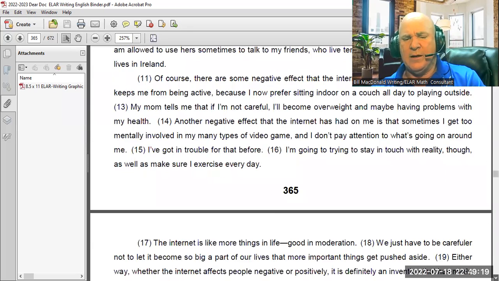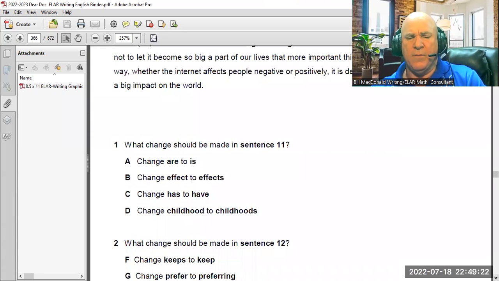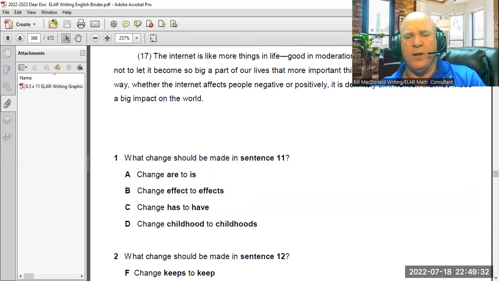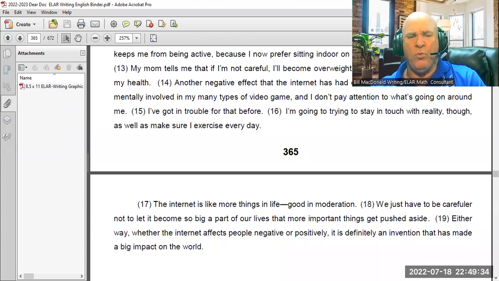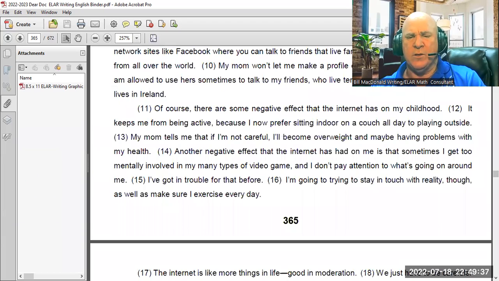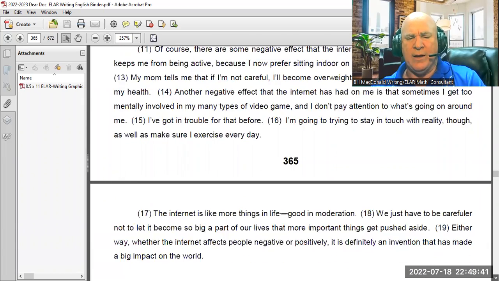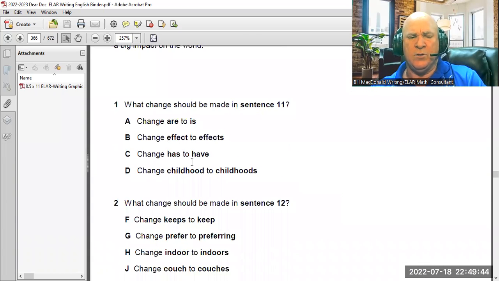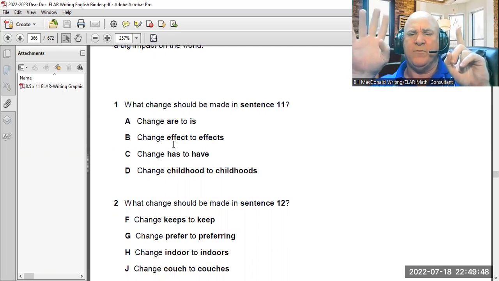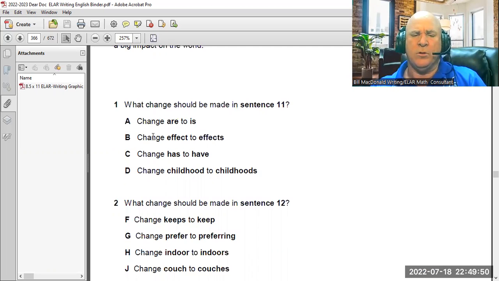So I'm going to eliminate that one. On my childhoods, since I'm only one person, I can't have more than one childhood. I only get to grow up once. Unfortunately, we don't get to relive life twice. So the answer that seemed to be correct is going to be change effect singular to effects plural.